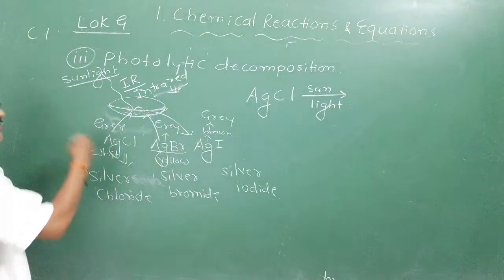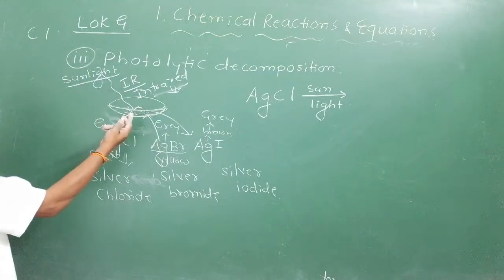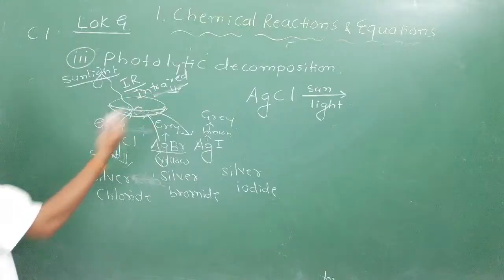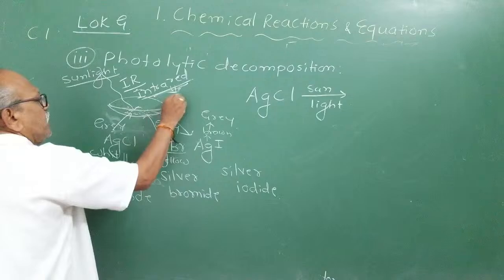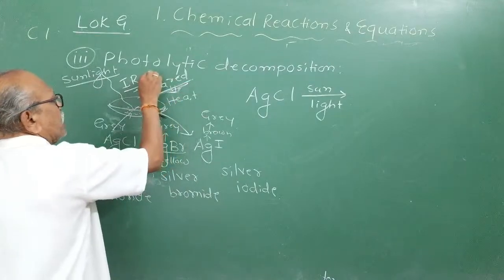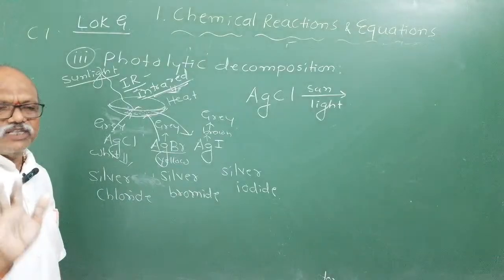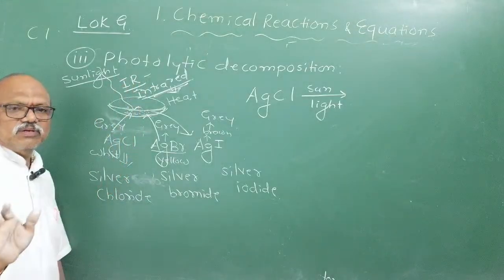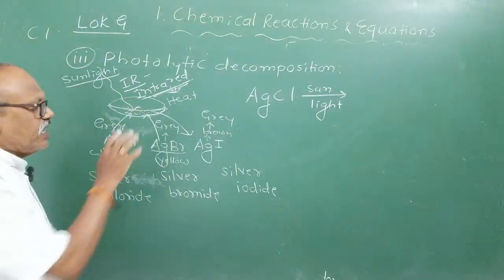Sun rays consist of different radiations. X-rays will be present in it, gamma rays will be present in it. Later in 11th standard, you will learn the heat of the sun is due to IR radiations. Whenever heat comes from the gas stove, that is because of IR radiations. Whenever fire is burning, the heat coming are infrared radiations.